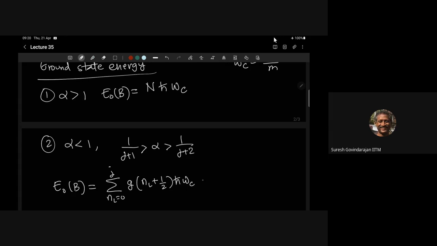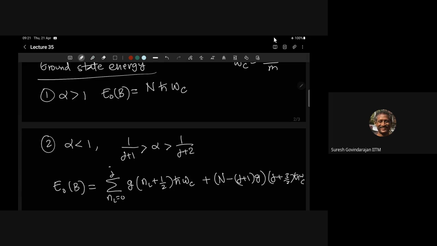Plus, now the stuff in the j plus 1th Landau level, how many are there? It is n minus j plus 1 into G, times, and that would be NL is j plus 1, so it is j plus 3 half, h bar omega c.